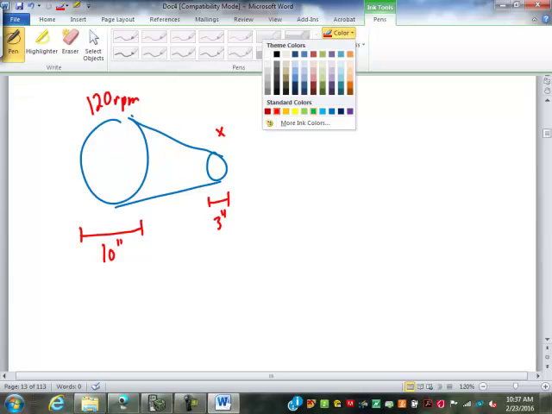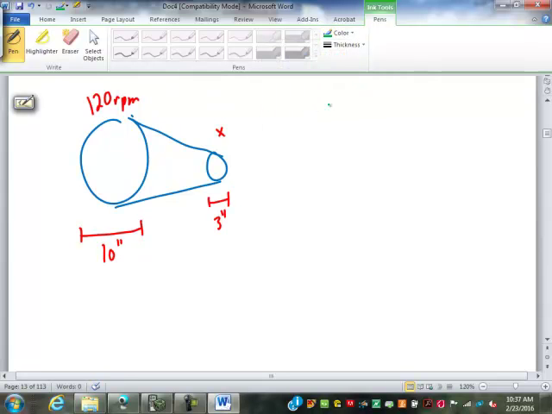So I could either go through the process of saying, hey, RPM equals k divided by the diameter. So then I have 120 RPM equals k divided by 10. Then multiplying by 10 gives us that 1200 equals k.